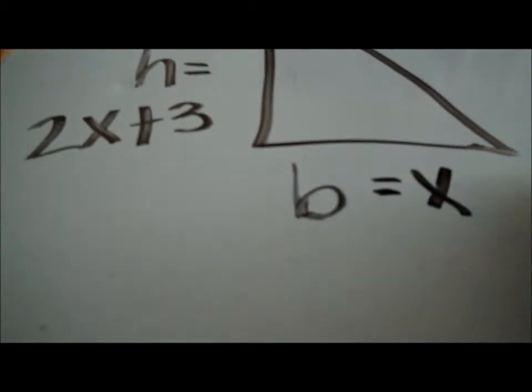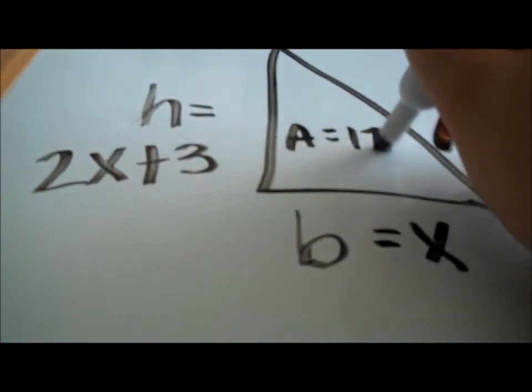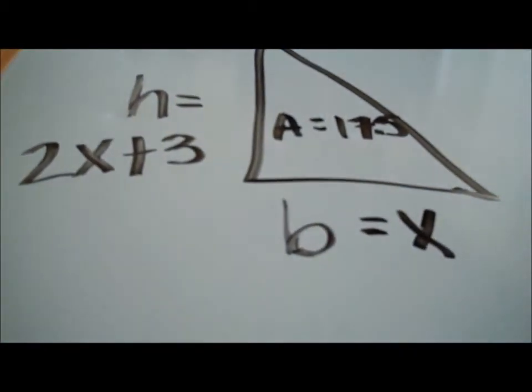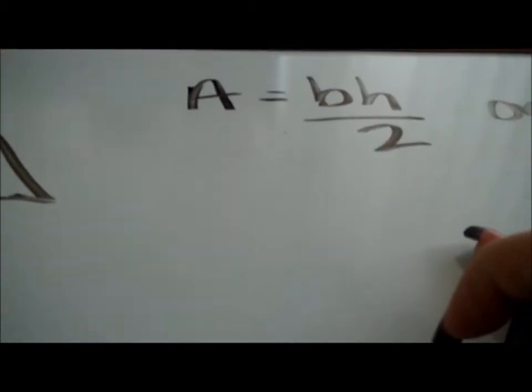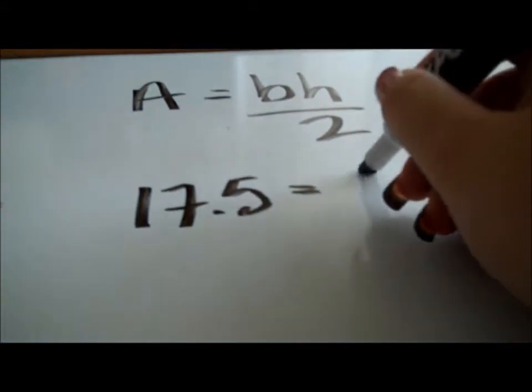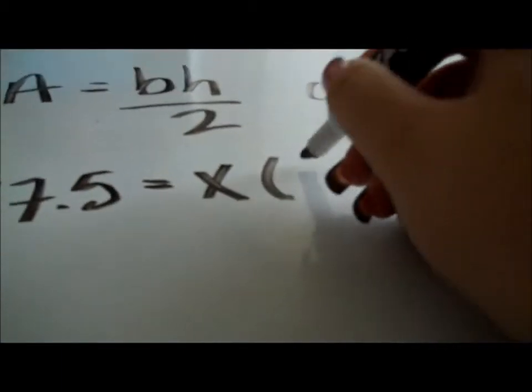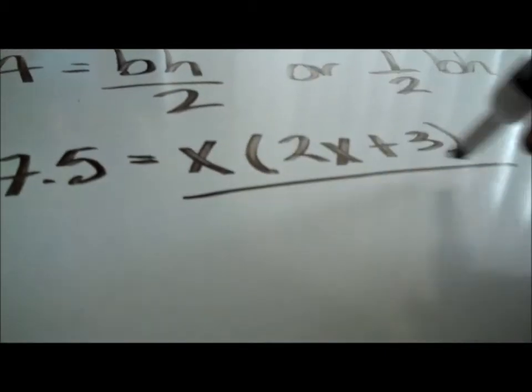Okay, it said that the area itself was 17.5. Okay, so plug everything into the equation that you know. So the area is 17.5, the base is x, the height is 2x plus 3, and it's all divided by 2.